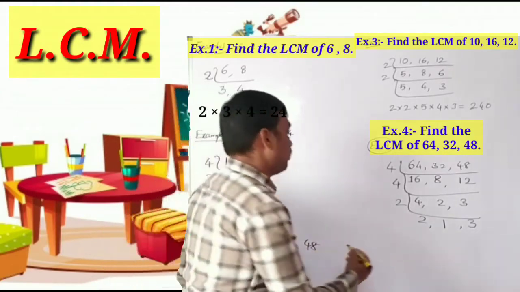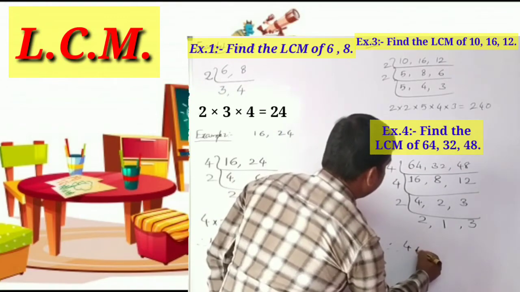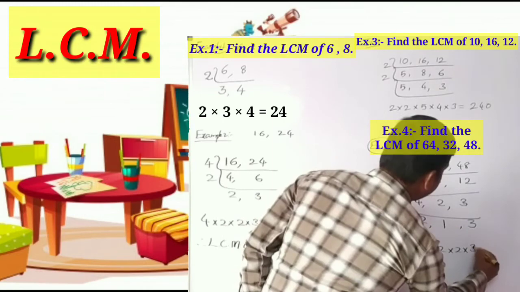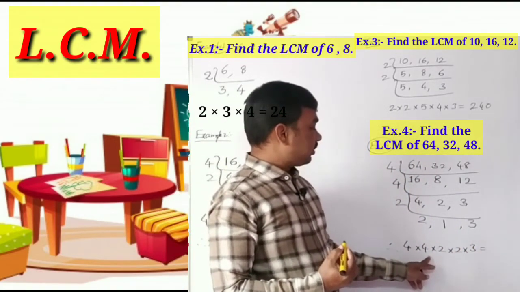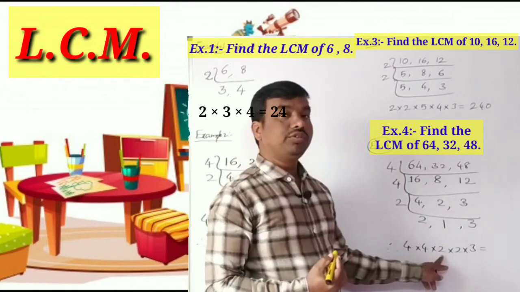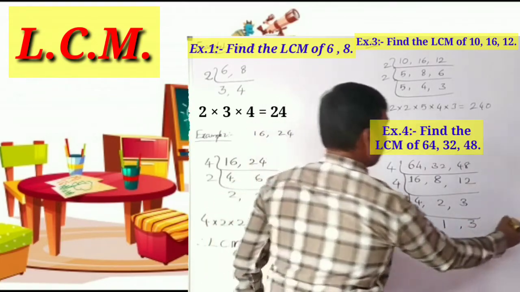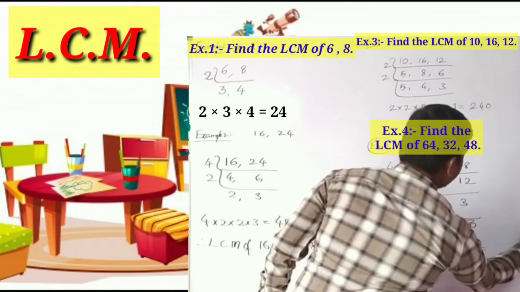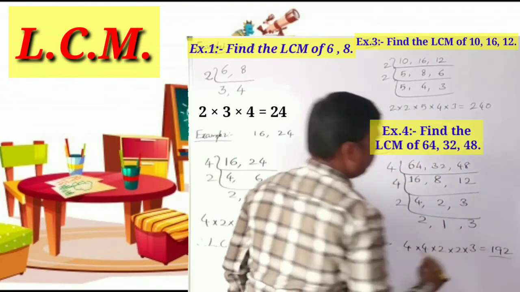Okay. Now there are no more common divisors. So therefore LCM is 4 into 4 into 2 into 2 into 3. So 4 4s are 16, 16 2s are 32, 32 2s are 64, 64 3s are 192.